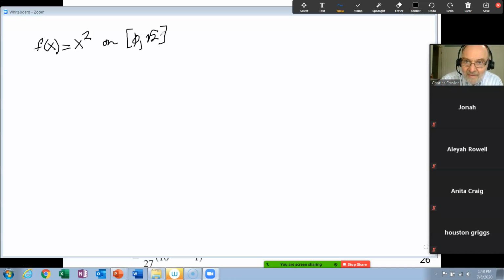Let me write down here, if I can get the pen to show back up. Come on, pen. About the y-axis. I couldn't remember what word they used. About the y-axis.